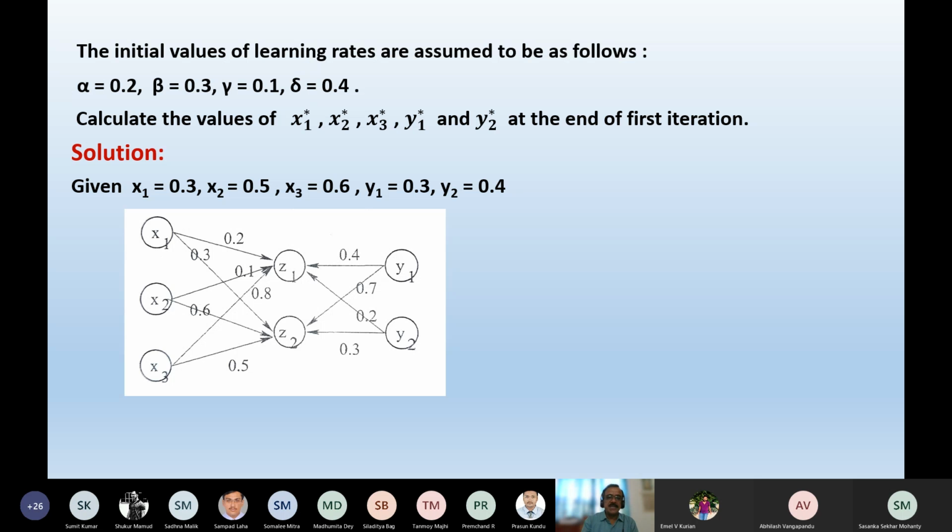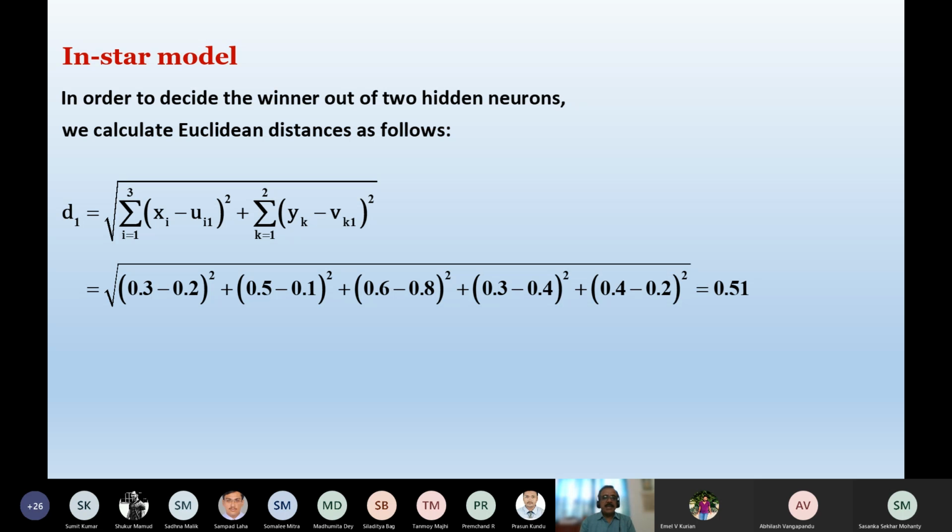And these connecting weights are also selected at random. Now, as I told several times, the in-star model uses the principle of coherent learning, that is unsupervised competitive learning.